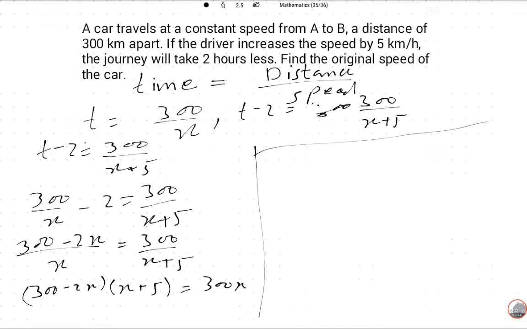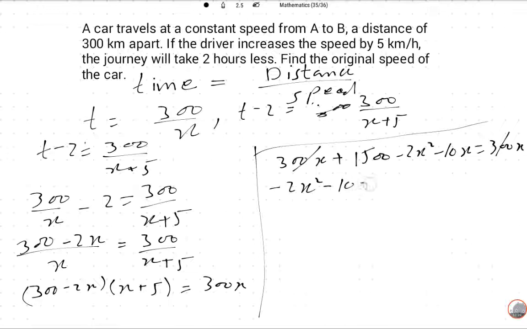In the next step, 300x plus 1500 minus 2x square minus 10x is equal to 300x. So 300x will cancel. Minus 2x square minus 10x plus 1500 is equal to 0.